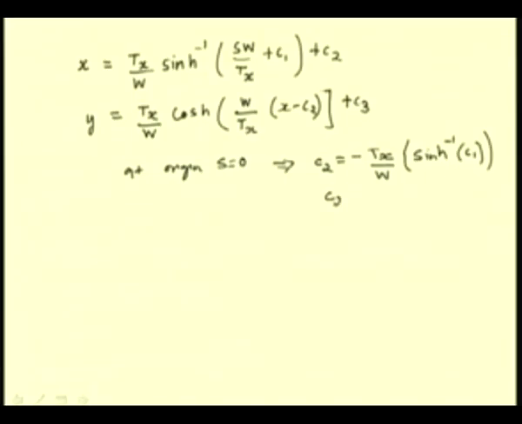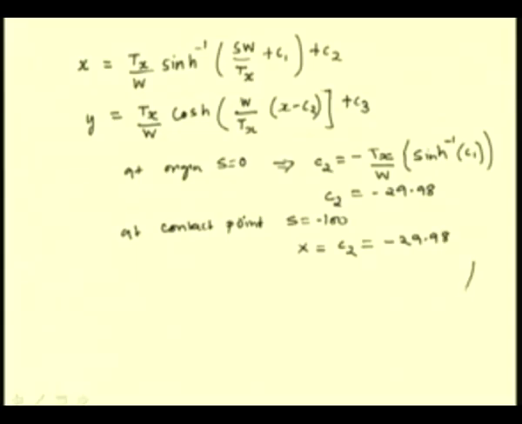So, from this we find C2 as minus 29.98, and at the contact point we know that S is equal to 100, and from this we get x equal to C2, which is equal to minus 29.98 meters.